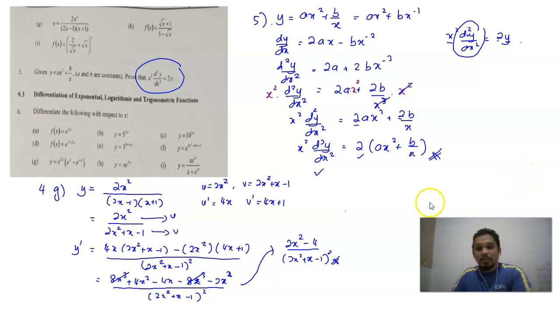Okay. Question number 6. In this question, we have y equal to e to the power of f(x). So then y prime equals f prime x multiplied with e to the power of f(x). It means that we differentiate the function in the power of e, the constant e, and bring it up here: f prime x multiplied with e to the power of f(x).